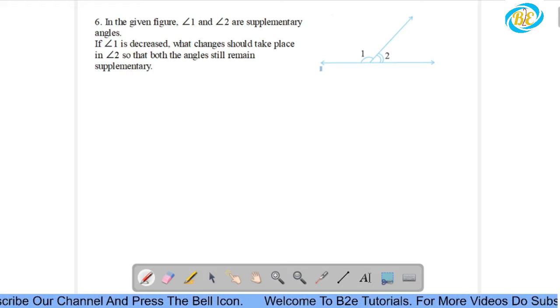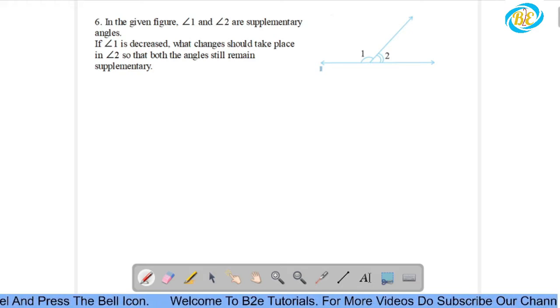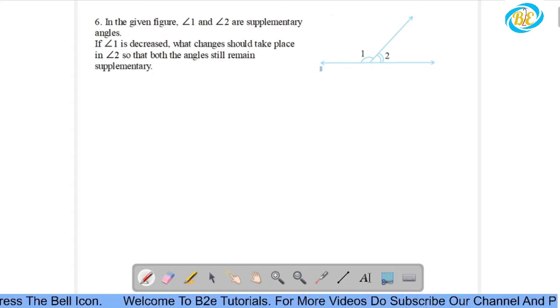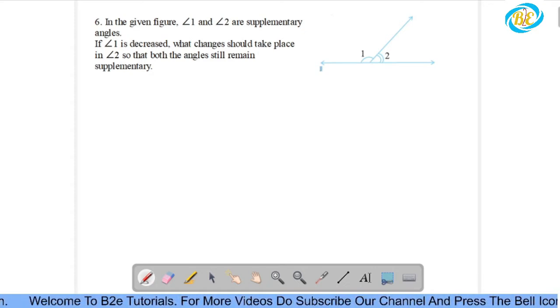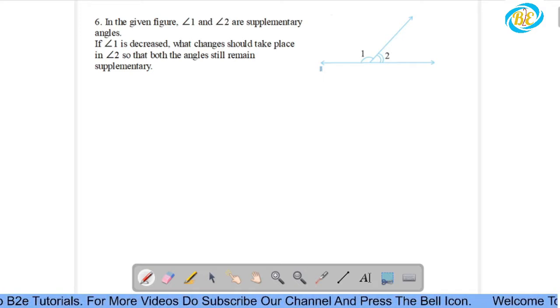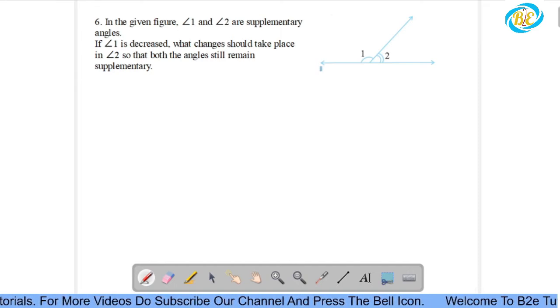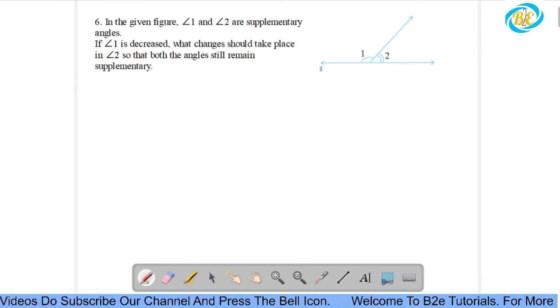Question number 6. In the given figure, angle 1 and angle 2 are supplementary angles. If angle 1 is decreased, what changes should take place in angle 2 so that both the angles still remain supplementary?